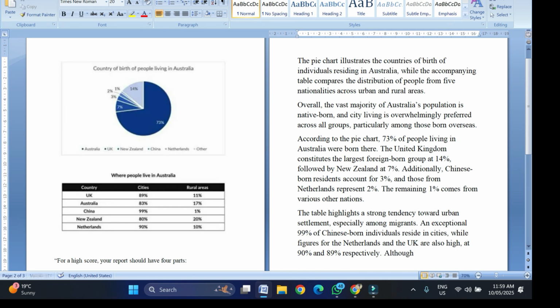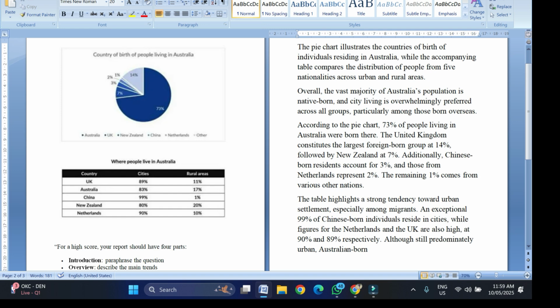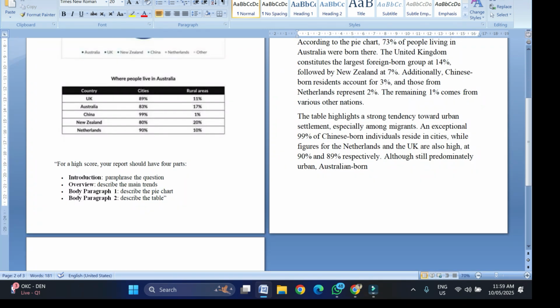Although still predominantly urban, Australian-born citizens, you can write citizens, individuals instead of people, show a slightly more balanced distribution with 17% living in rural areas.